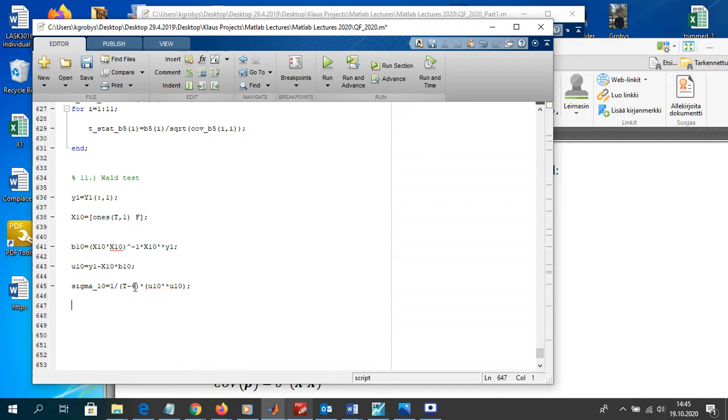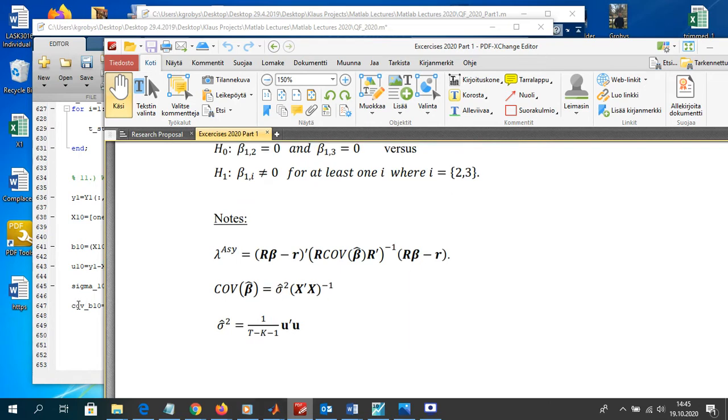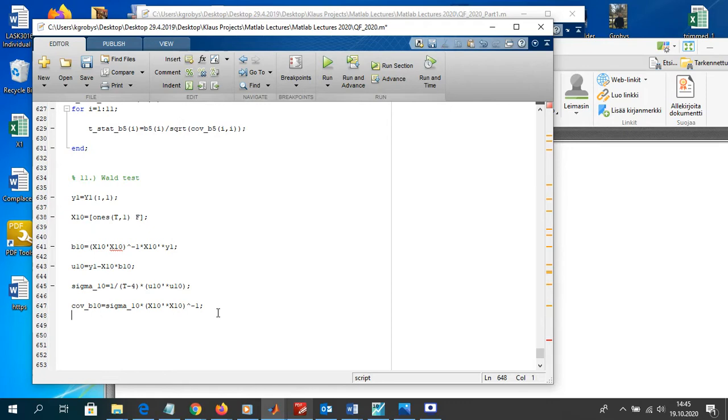Then we can estimate our corresponding covariance matrix of our parameter vector B10, which is simply given by sigma 10 times X10, the regressor matrix transposed times itself, inverted. This expression is the same that we have here. So that's the covariance of our point estimator.